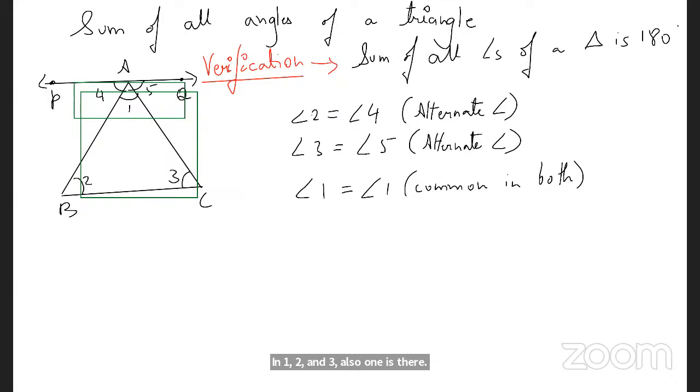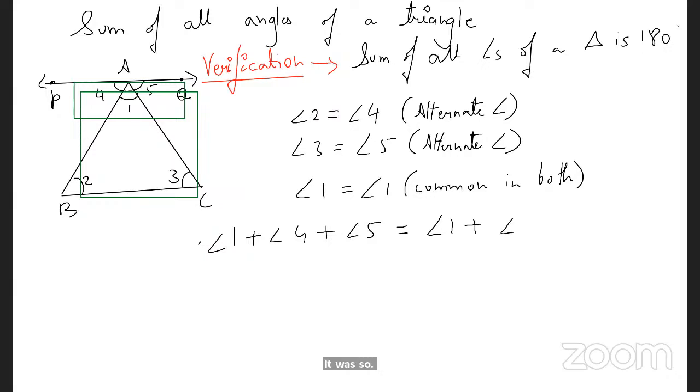Okay. So now adding them separately, how will we write it? Angle 1 plus angle 4 plus angle 5 equals 180. And angle 1 plus angle 2 plus angle 3.